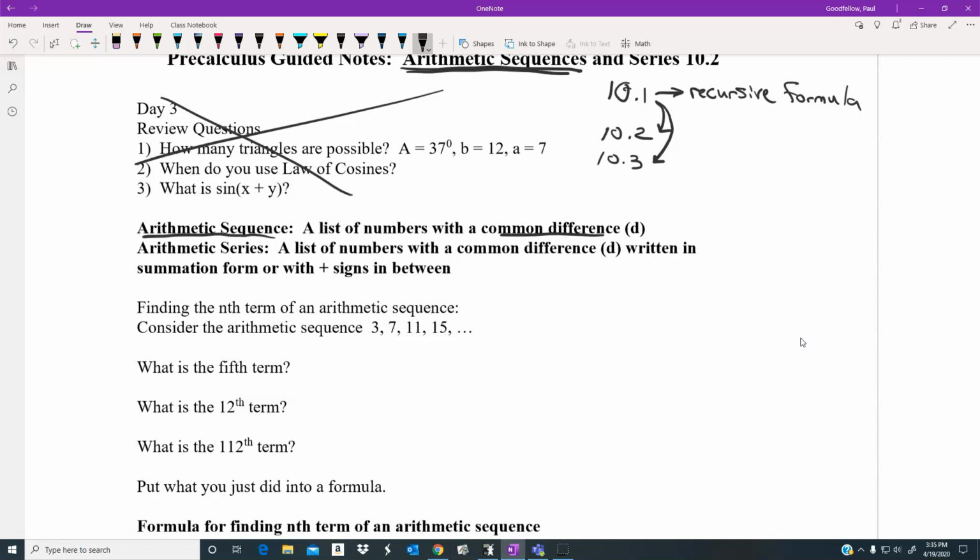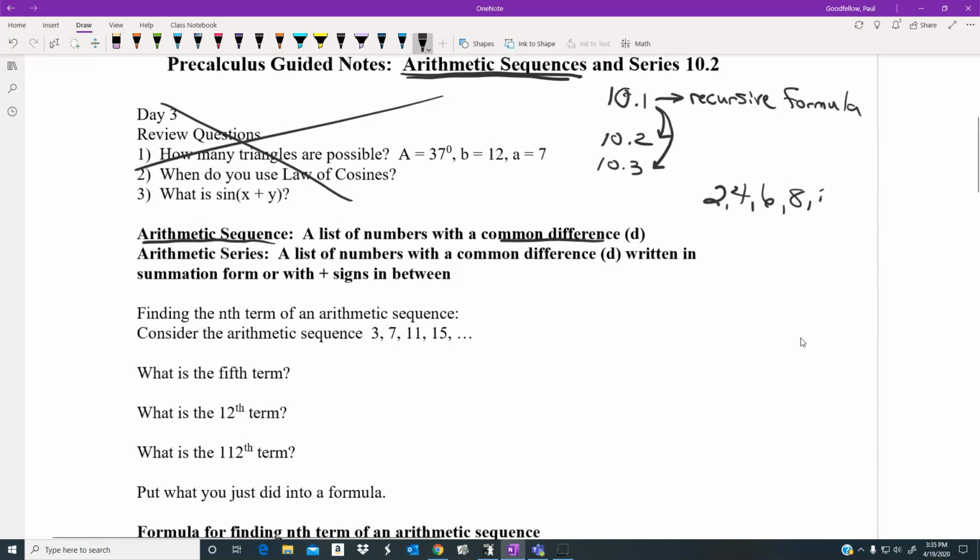If I was to talk about, let's say, an easy one, like the even numbers that we've been doing up till now, 2, 4, 6, 8, 10, and so forth, this is referred to as an arithmetic sequence because the difference in between each individual one is the same amount in each case. In this case, it's positive 2.